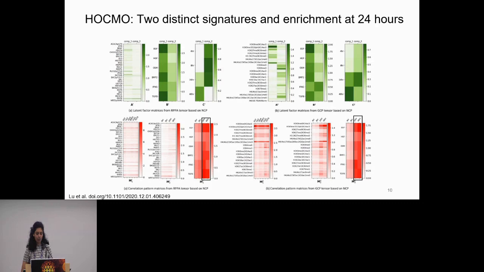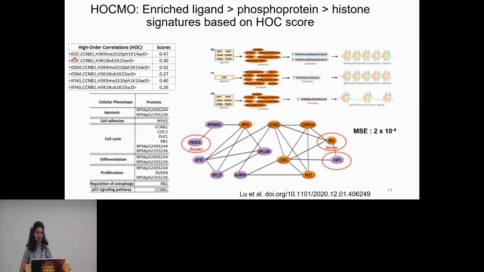The higher order correlation scores now are used to understand these complex dynamics and give the correlations among the enriched ligand, phosphoprotein, histone, histone marks, and that drives the hypothesis generation of how different proteins can be treated with ligands and affecting histone marks, resulting in open or closed chromatin. And we also used these enriched phosphoproteins to identify cell signaling pathways driving breast cancer.